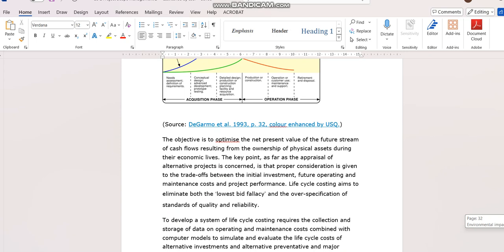So something like painting, certain repair work, may only come once every 5 years. So life cycle costing is about fully understanding that you're thinking in the way of operation and maintenance in your project. You don't just buy a machine. You must think about operation and maintenance of the machine. And that will actually be part of the financial analysis that we're talking about here.